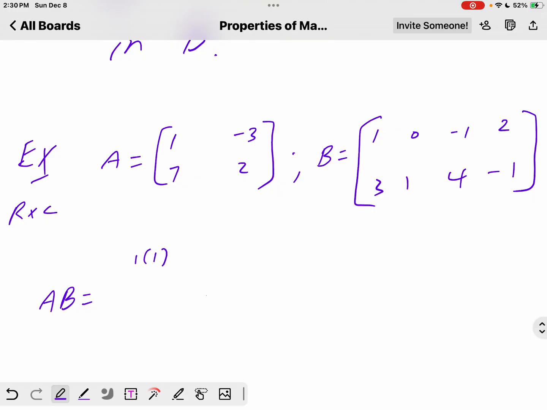So it's 1 times 1 plus -3 times 3. We're multiplying the first row with the first column and adding them up. Then we multiply the first row with the second column: 1 times 0 plus -3 times 1.